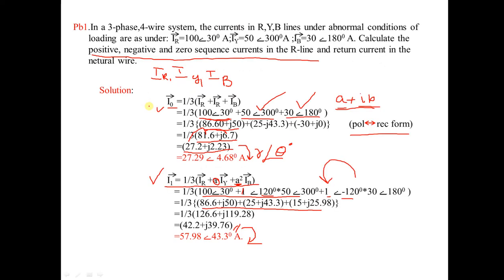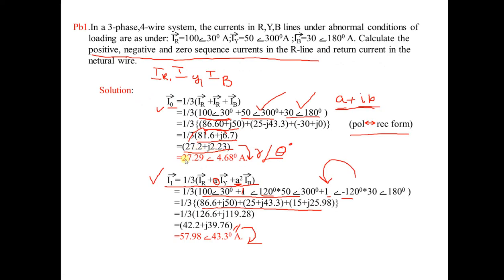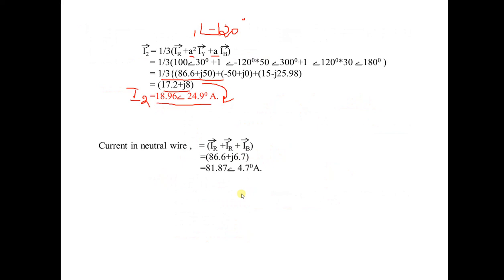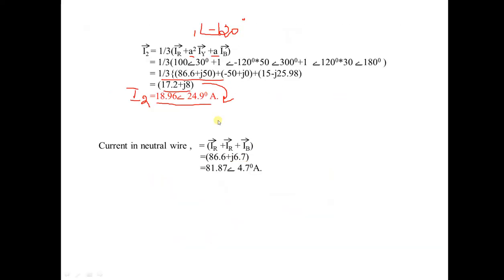What they are asking here is the current in the neutral wire. We are going to add all the values. The current in the neutral wire is represented by 86.6 plus j6.67, and from this we change the rectangular form to polar form.